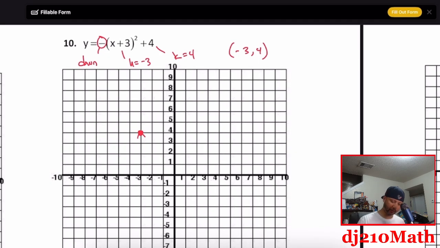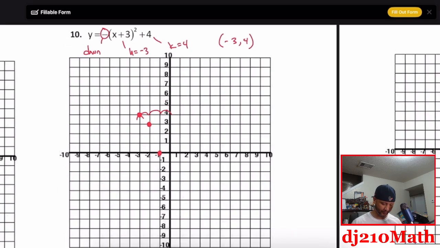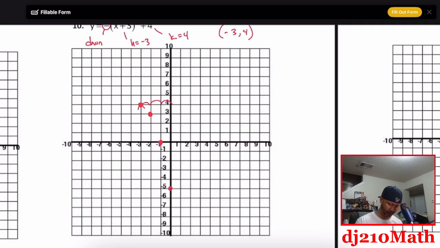So let's see if we can figure out the next point. If I go over 1, 1 times 1, 1. If I go over 2, it's 4 times -1. 1, 2, 3, 4. If I go over 3, that's 3 squared, which is 9. 9 times -1, so it puts me at -5.